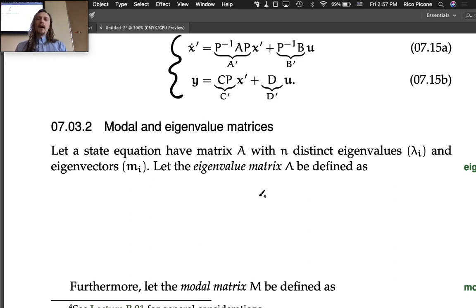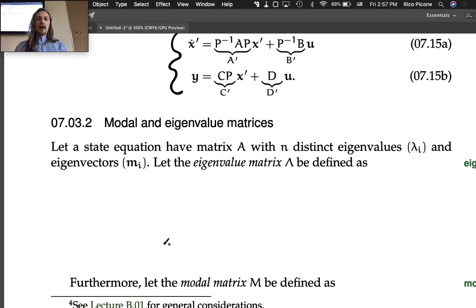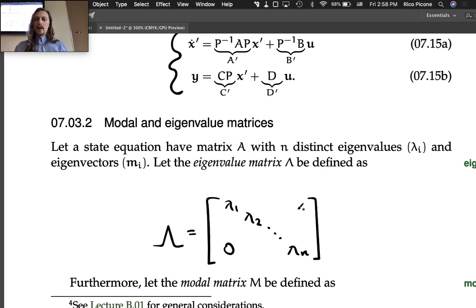Let the eigenvalue matrix be defined as capital lambda equals all of the eigenvalues along the diagonal: lambda 1, lambda 2, down to lambda n, with zeros everywhere else in the matrix.